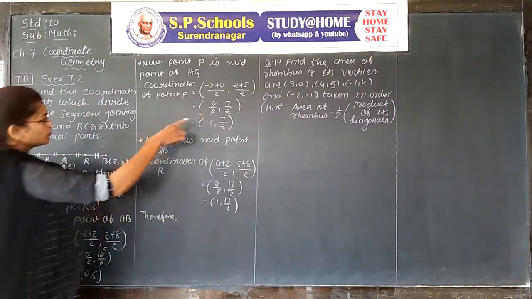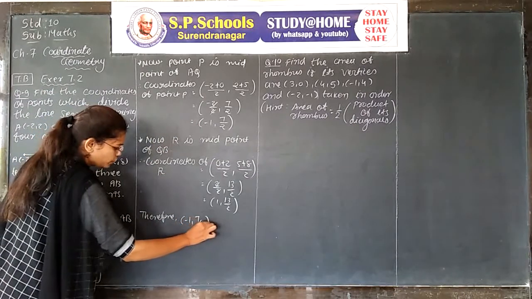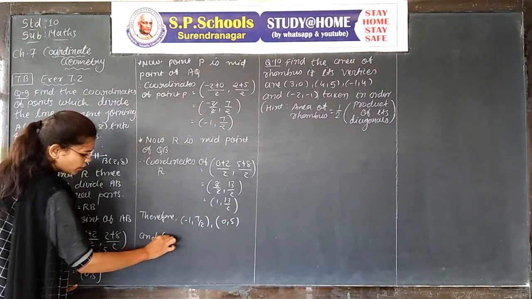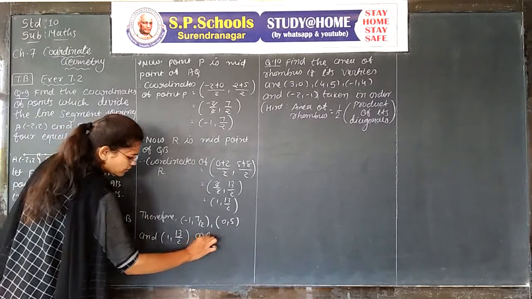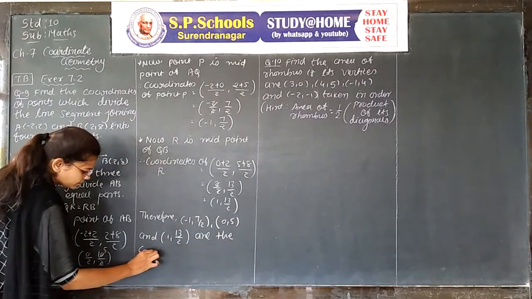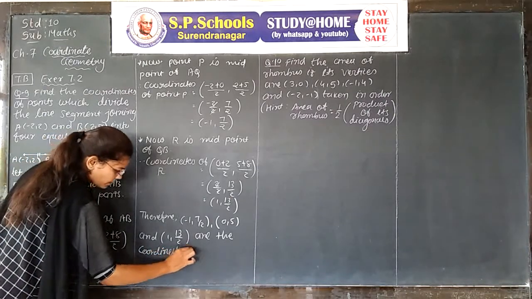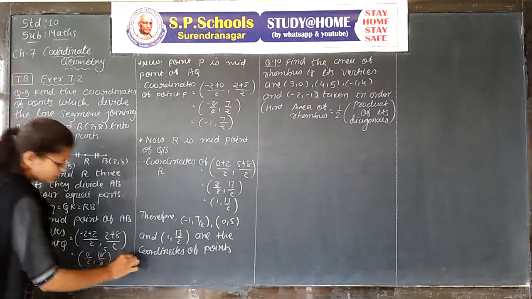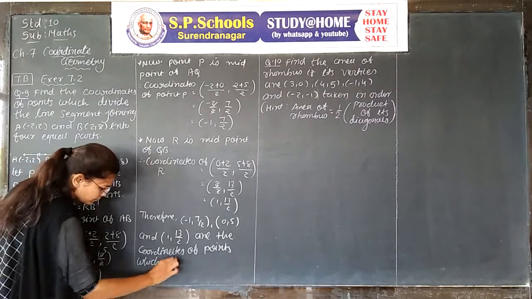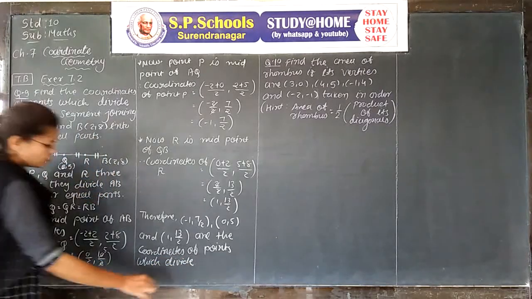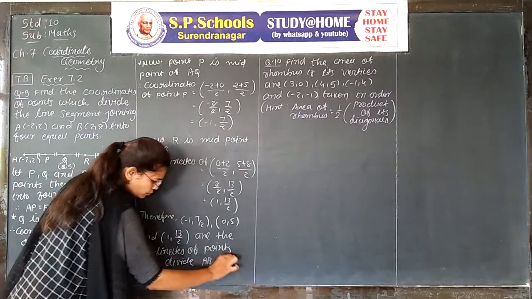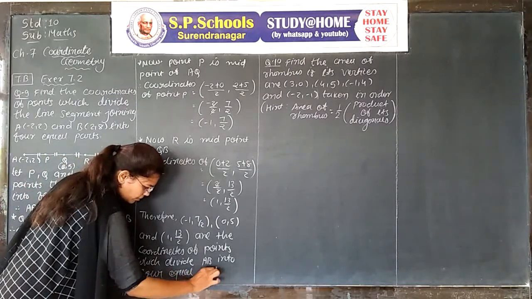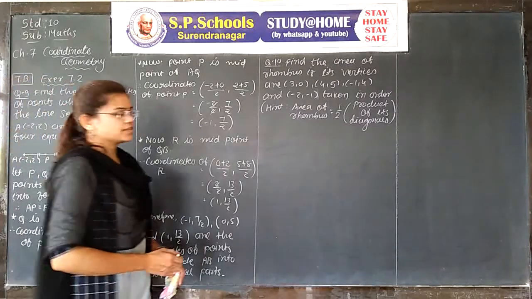First is P (-1, 7/2), Q (0, 5) and R (1, 13/2) are the coordinates of the points which divide AB into 4 equal parts. Now see the next question.